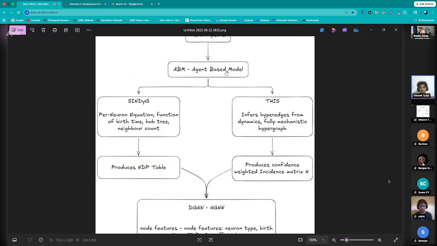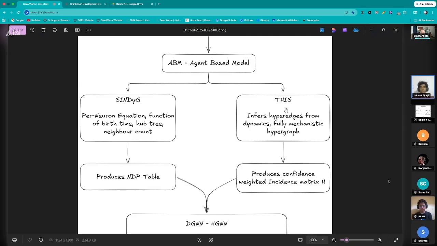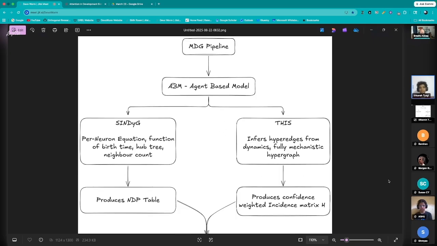So this was the entire SINDyG pipeline which I was thinking about. I love building architectures from my own intuitions and designing things on how I imagine them. ABM is the first part of it. It has 3 reasons why it sits here.